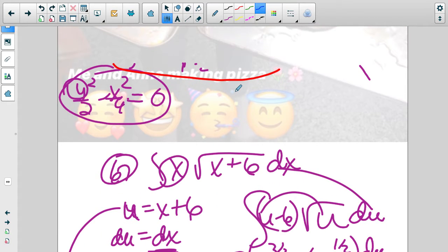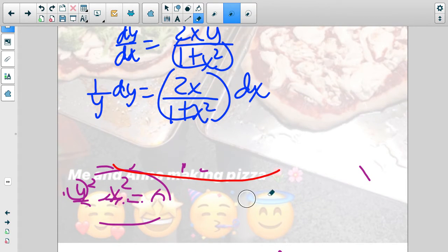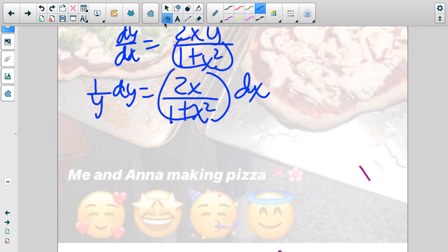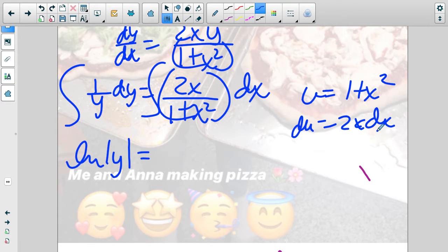Then I'm going to integrate both sides. And the right-hand side is going to require substitution. Now, what is the antiderivative of 1 over y? ln y. And this side is going to be u is equal to 1 plus x squared. du is a perfect fit, right? 2x dx.